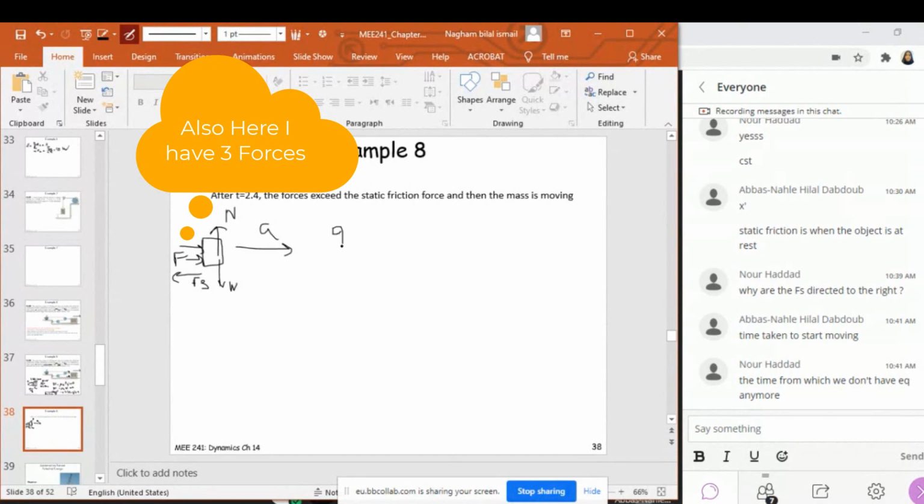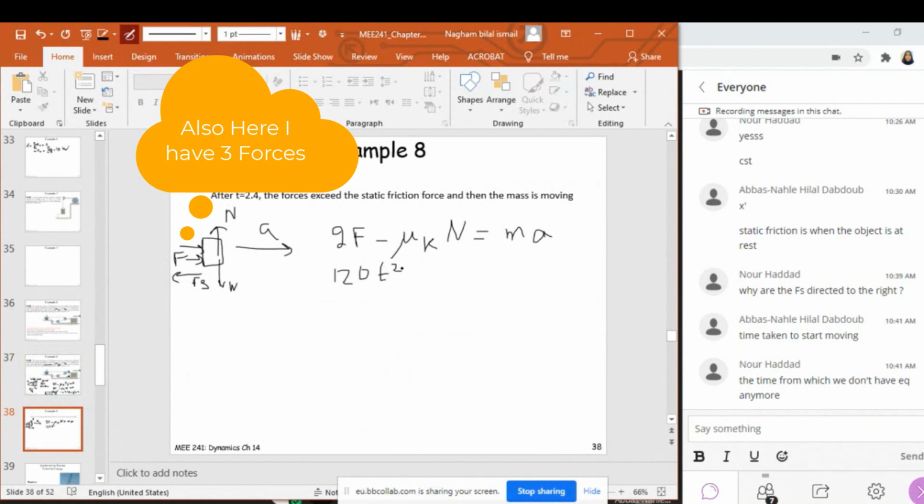There is no a_y. Which means, guys, here I have 2F minus mu_k N is equal to m times a. So if I replace F by 60t, 120t squared minus, what is mu_k?